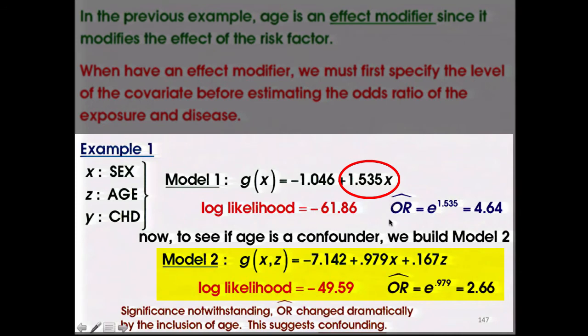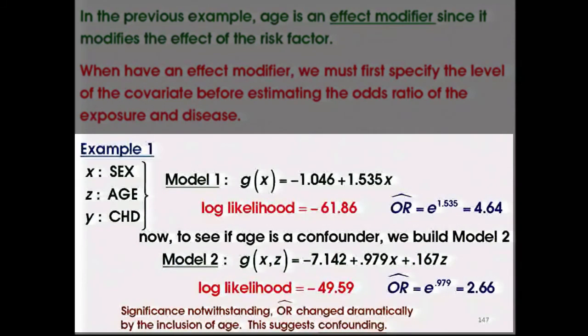So this change in the odds ratio from 4.64 crude to 2.66 controlling for age suggests that age is potentially a confounder. In our book, we recommend that anytime you see a change in the log odds ratio, but also you can think about it as the change in the odds ratio of more than 15 to 20%, we would say that the variable is potentially a confounder.